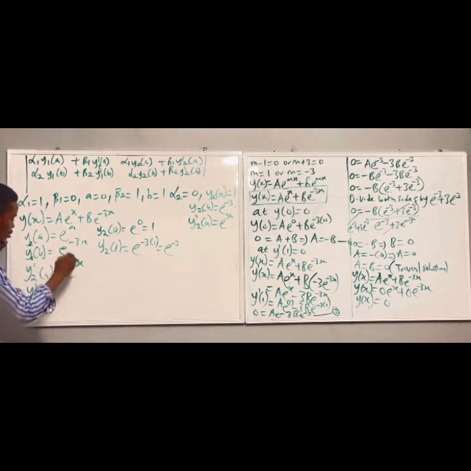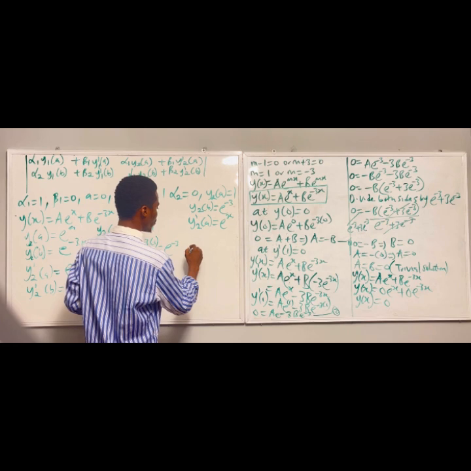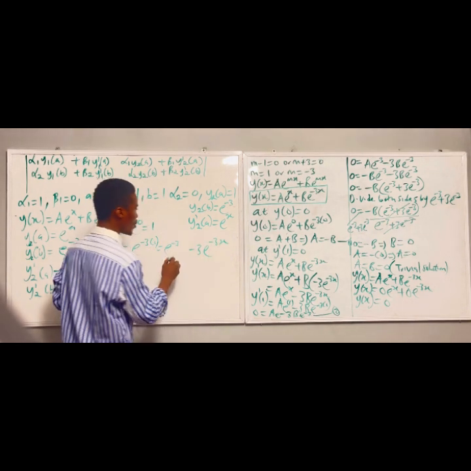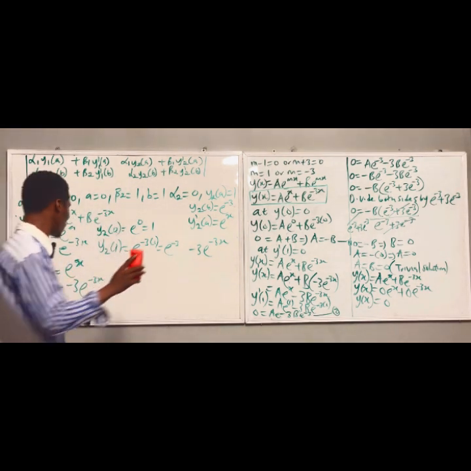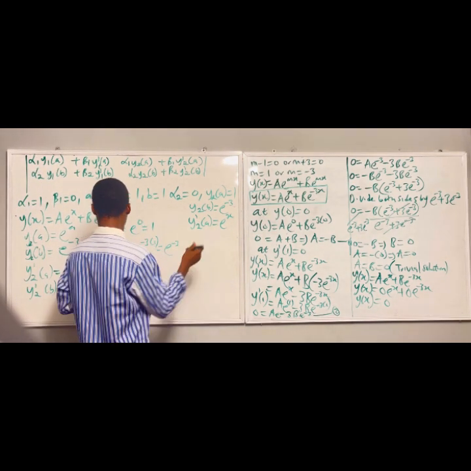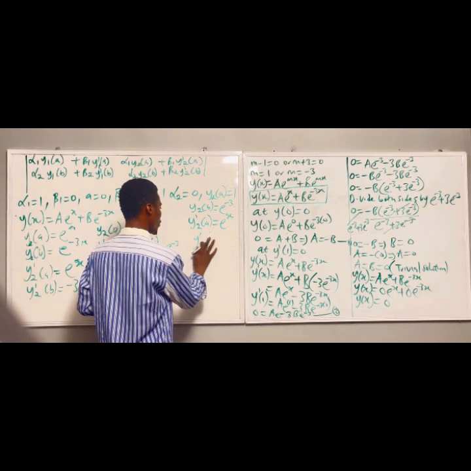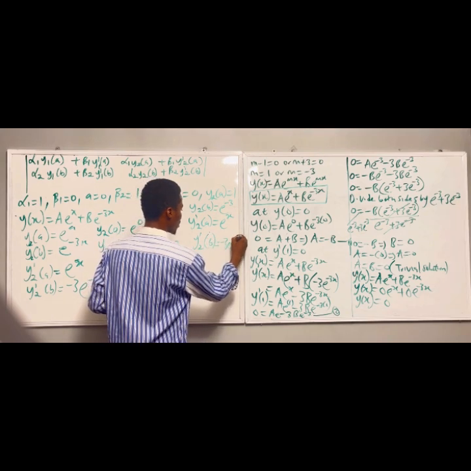I'm using e^(-3x), so if I differentiate this, I'm going to have -3 e^(-3x). That is our y2 prime of b is equal to -3 e^(-3x).